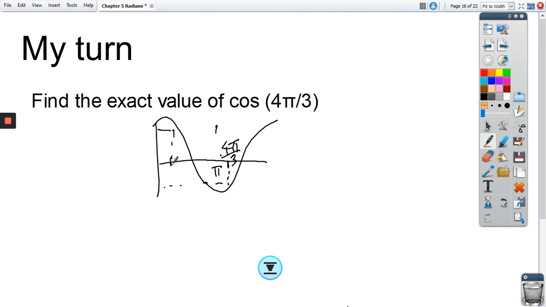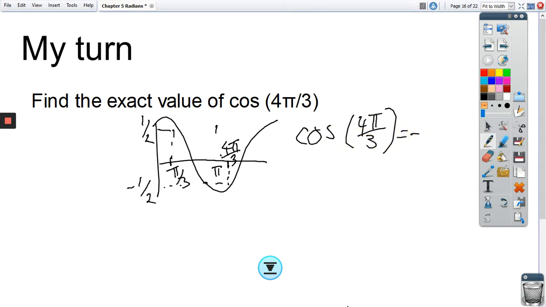So this is going to be pi over 3. And if you think of cos of pi over 3, that's cos of 60, which is a half. So this value here is going to be minus a half. So cos of 4 pi over 3 is the same as minus cos of pi over 3, which equals minus a half.